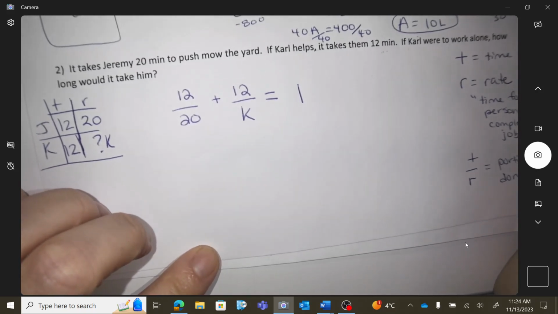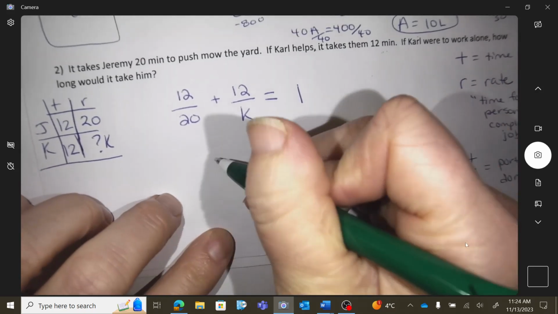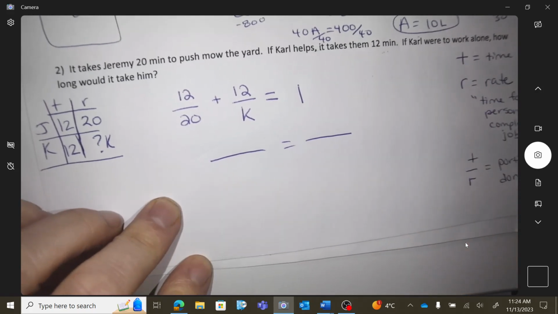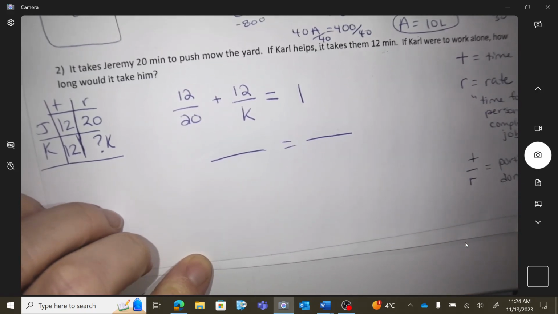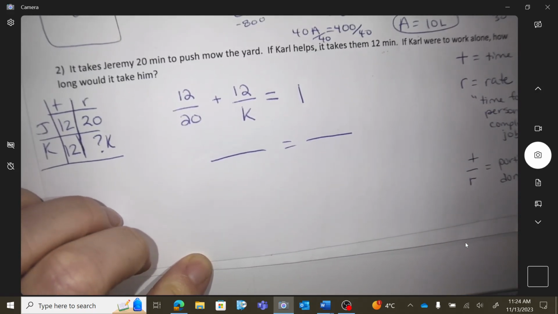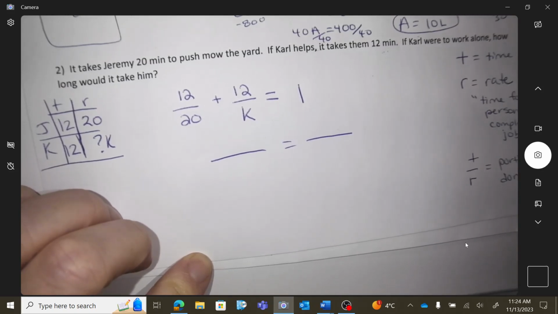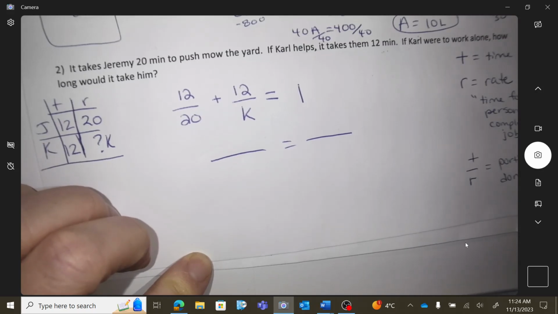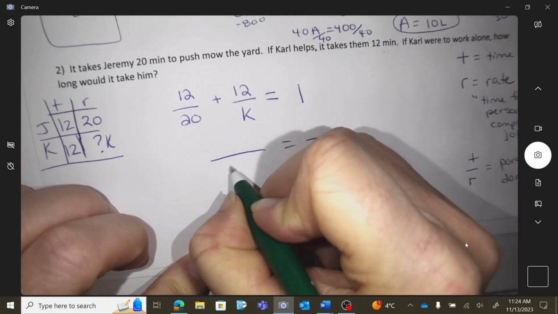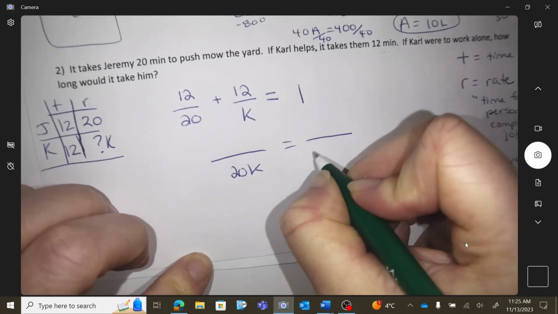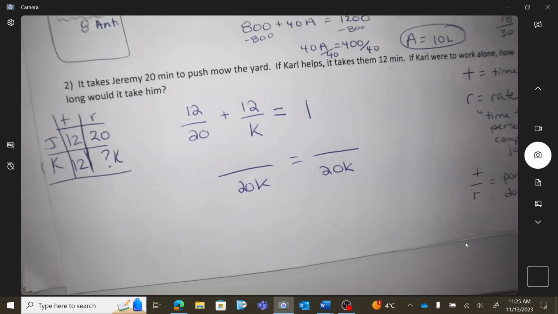Cross multiply or common denominator drop. Common denominator, so give me fractions on both sides. What would be the common denominator so it would work for all of the items? Would you pick a 20K on the bottom?